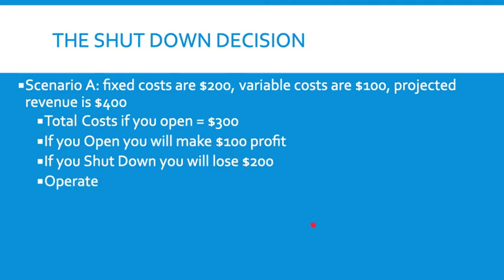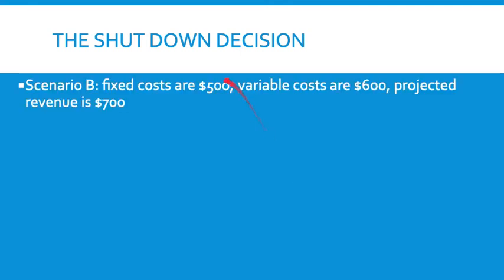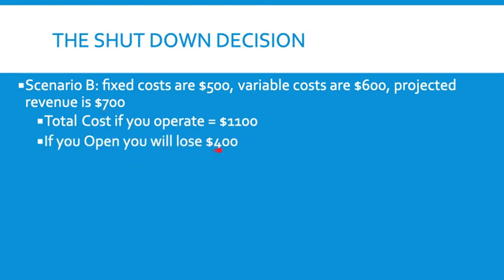So you operate. Look at scenario B. If fixed costs are $500, again, you'll pay that no matter what. Variable costs are $600. So this would be utilities, labor, materials, all that stuff. You project to make $700. Our total cost would be $1,100, which is more than what we project to make in revenue. If you open, you're going to lose $400.